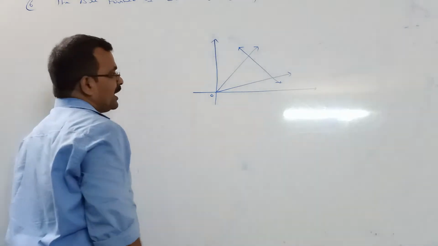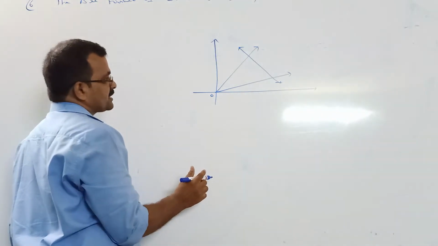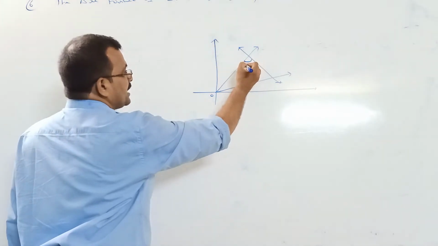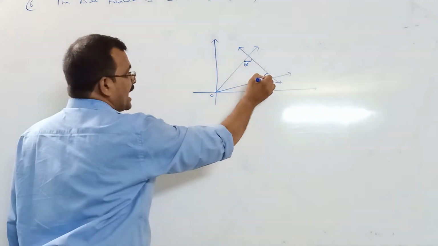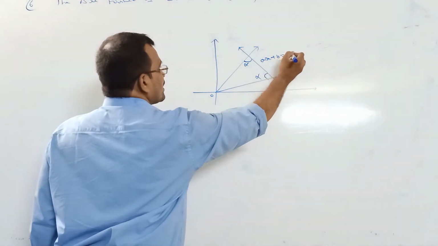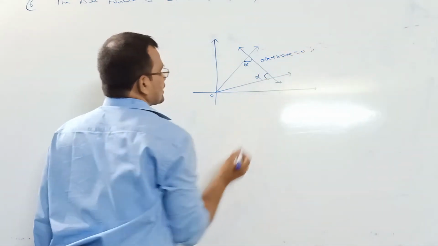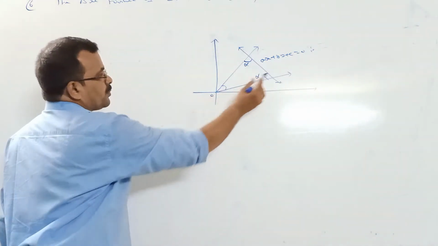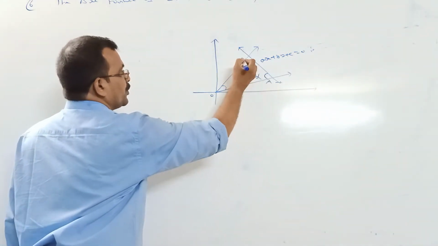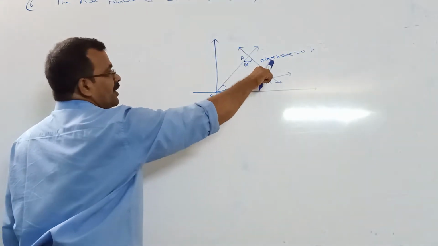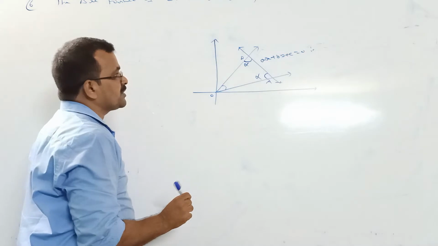The pair of lines which are passing through origin and making equal angles with the line ax plus by plus c equal to 0. So suppose the pair of lines which are passing through origin, that means OA and OB, making equal angles alpha with the line ax plus by plus c equal to 0.